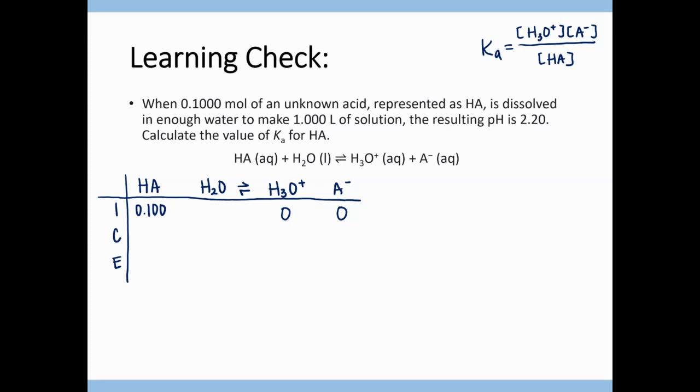So if all that is added to solution is HA, some of that HA will dissociate into the conjugate acid and base. So HA concentration will decrease, H3O plus will increase, and A minus will increase as well. So we have minus X for HA, and then plus X and plus X for the two products.